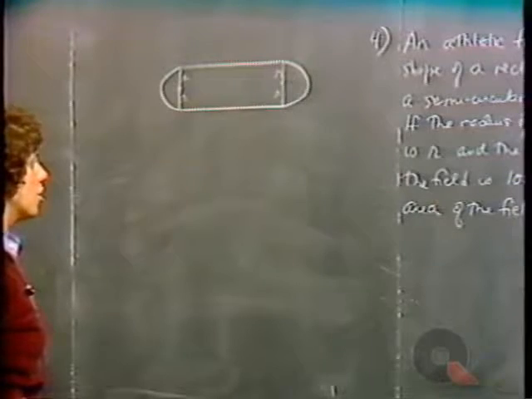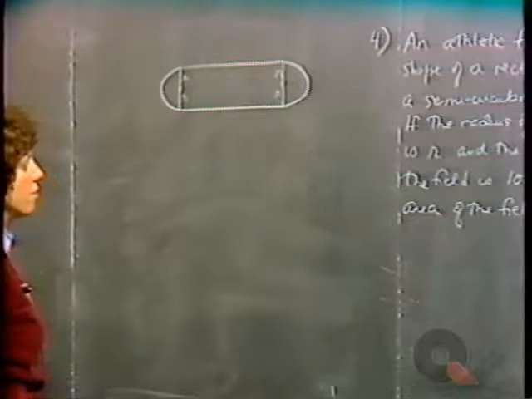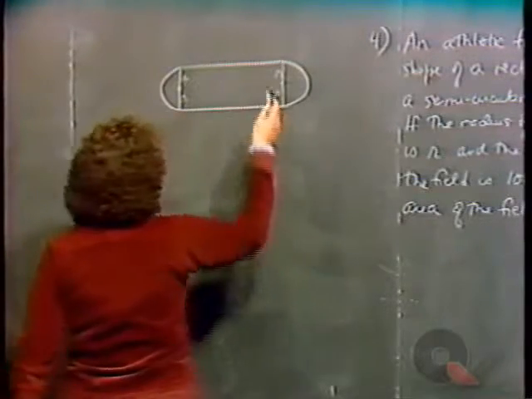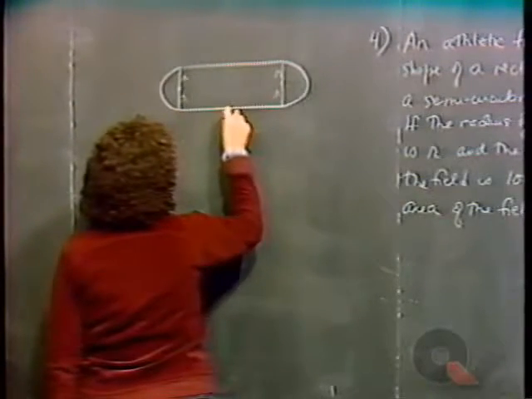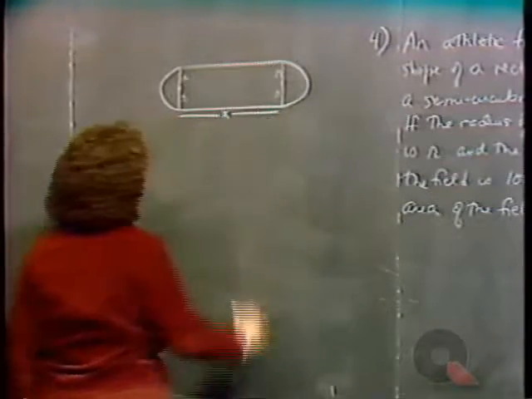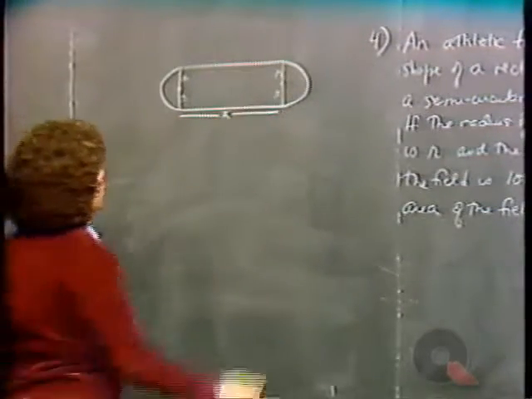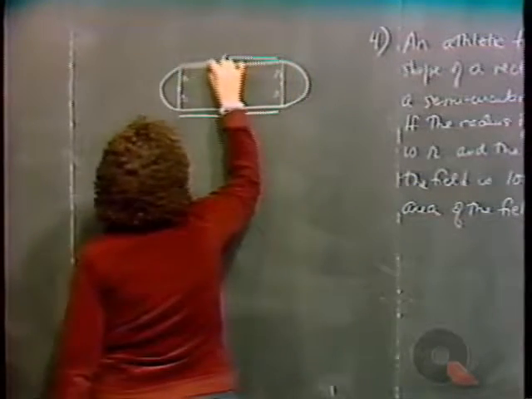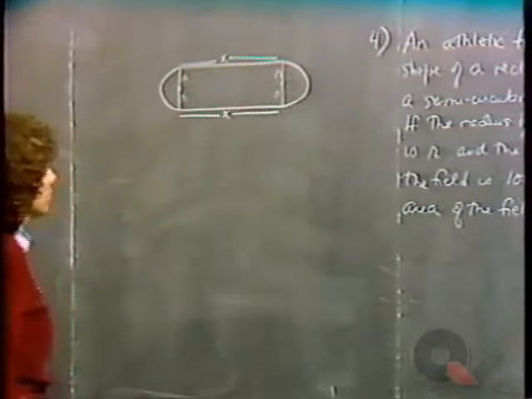We're interested in expressing the area of the field in terms of R. Let's let X represent the length of the rectangular region. Then this would also be X. The opposite sides of the rectangle are going to be equal.